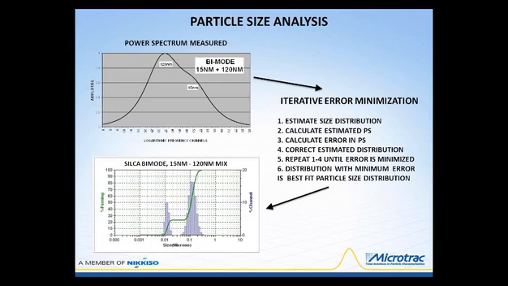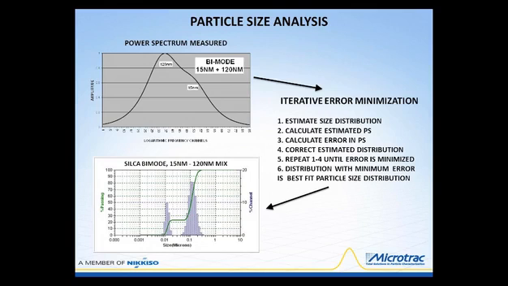Since we can calculate a power spectrum from a size distribution by just using the linear combination, that step can be done by starting with an estimated size distribution and calculating what the power spectrum would be. That calculated power spectrum is then compared with what's measured.